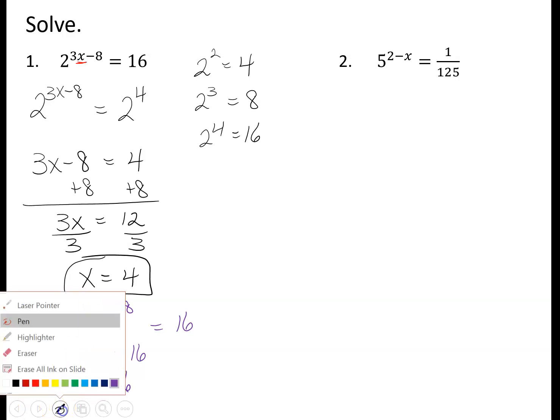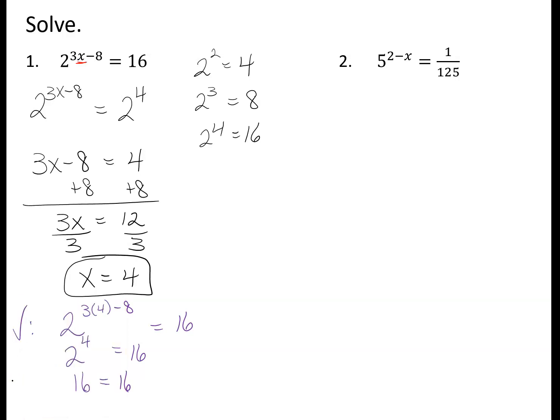So these are really not too difficult, but let's keep practicing. Number 2, here's our variable x up in the exponent. We've got a base of 5 on that side. So my goal is to write the right side of the equation with a base of 5. The first thing I see is the 125.